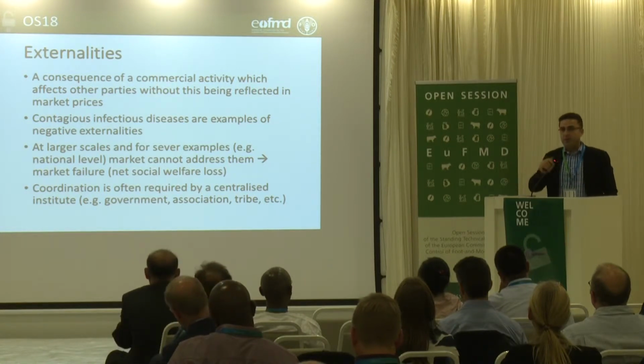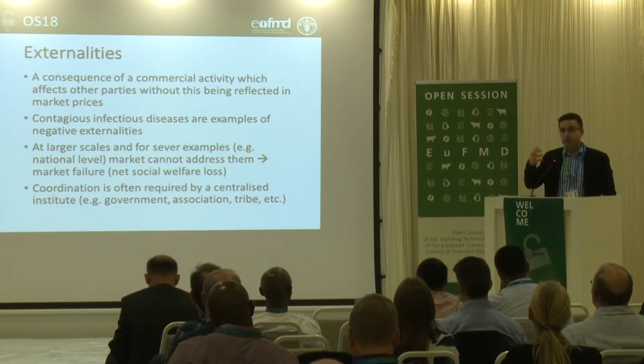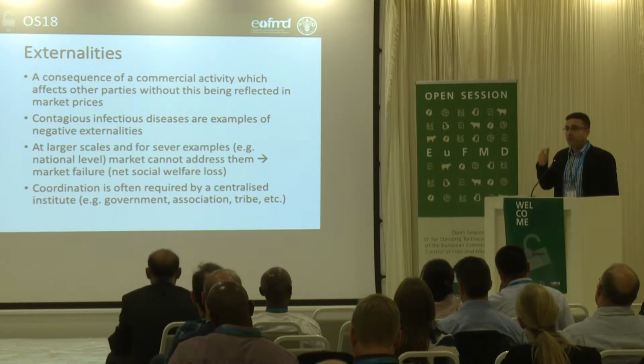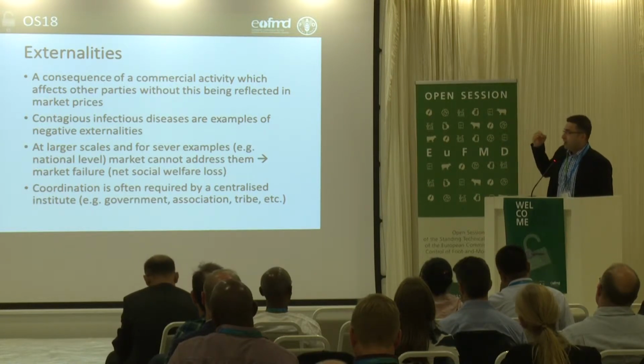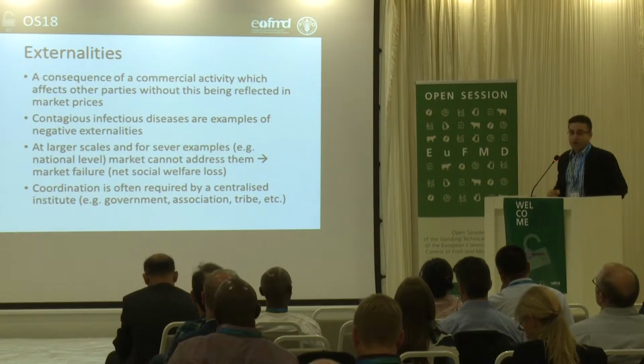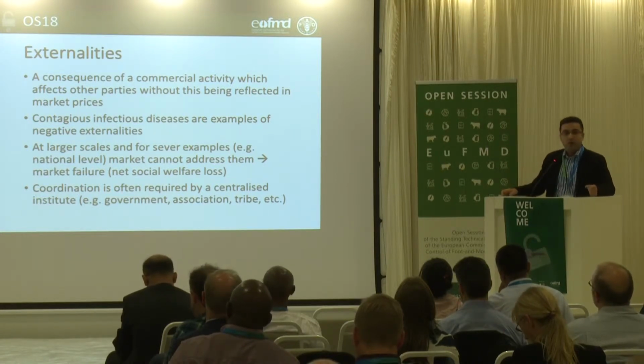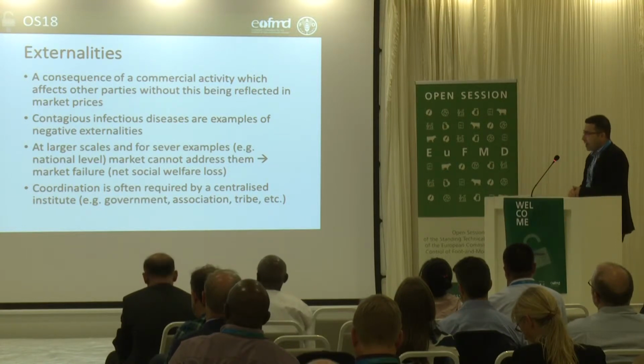While doing that, the bees fly over the neighboring farms and help the pollination. So that's a positive externality, but there could be negative externalities in most cases, and contagious infectious diseases are examples of negative externalities of farming and keeping animals.